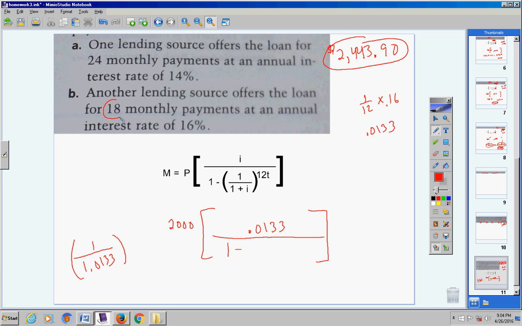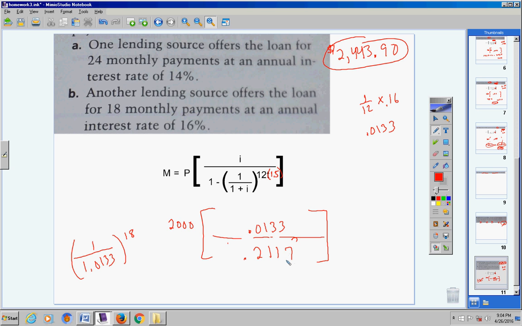It's for 18 months. That's 1.5 years. So 12 times 1.5, which is 18. So I'm going to take my calculator and type in 1 divided by 1.0133. Enter, and then raise that to the 18th power and enter, and you're going to get 0.7883. Now take 1 minus that, and we're going to get 0.2117.